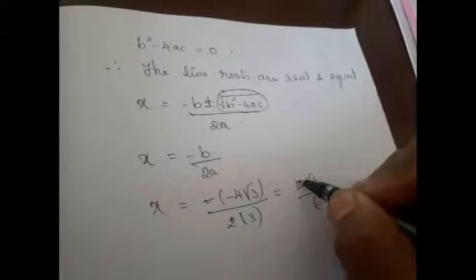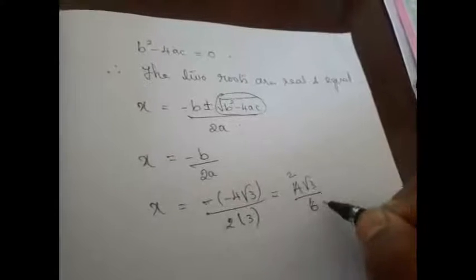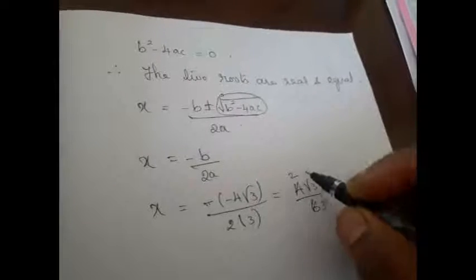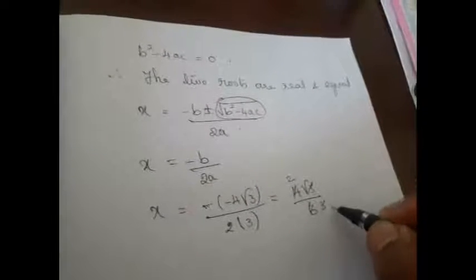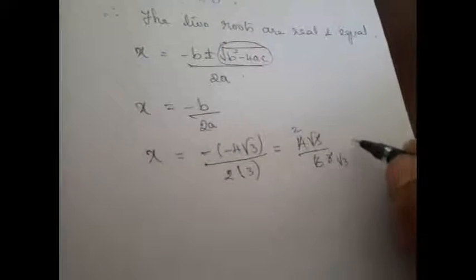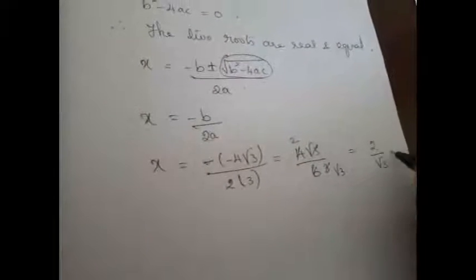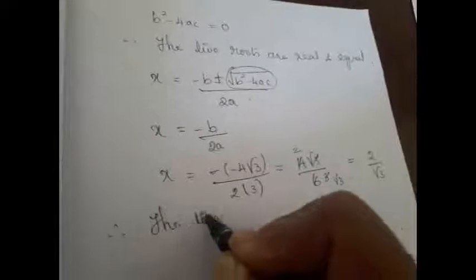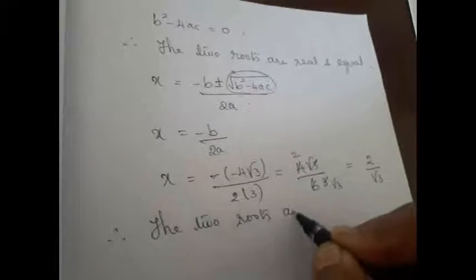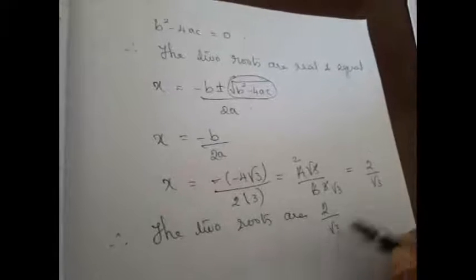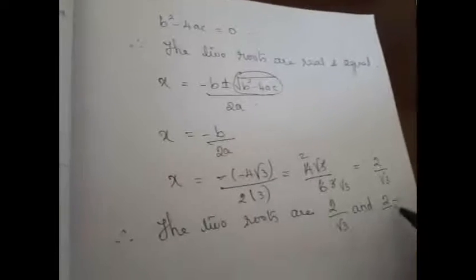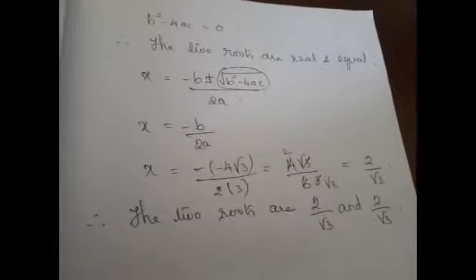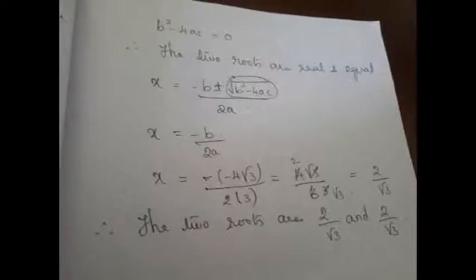If you want, you can cancel this. 2 2s are 2 3s are 6, and again root 3 and root 3 I can cancel because 3 can be written as root 3 into root 3, right? So the answer is 2 by root 3. Therefore, the two roots are 2 by root 3 and 2 by root 3. Hope you understood how we have done this, right?